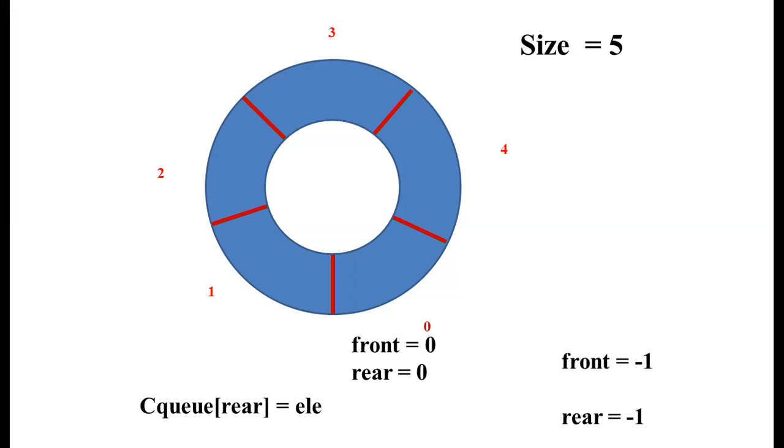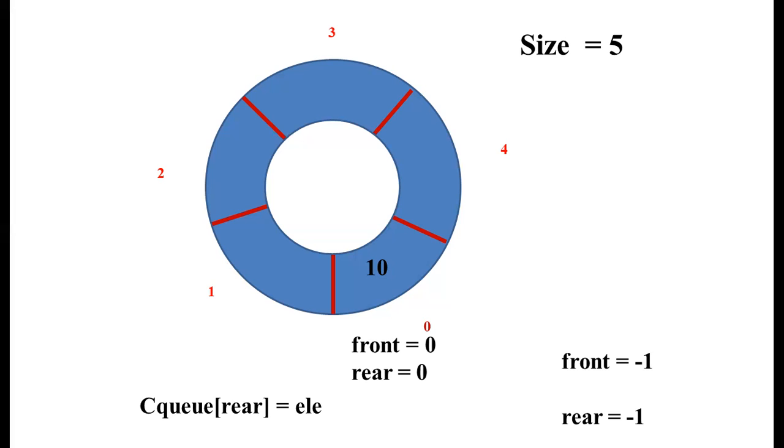So if you insert an element, say 10, 10 will be placed there and it does nothing for the first time. So for the first time when you insert the element, that is when the front value and rear value are equal to -1, the front value and the rear value will become 0 and then the 10 value will be inserted into the queue.